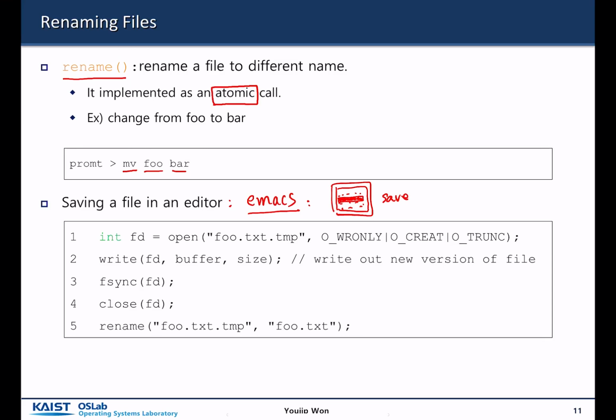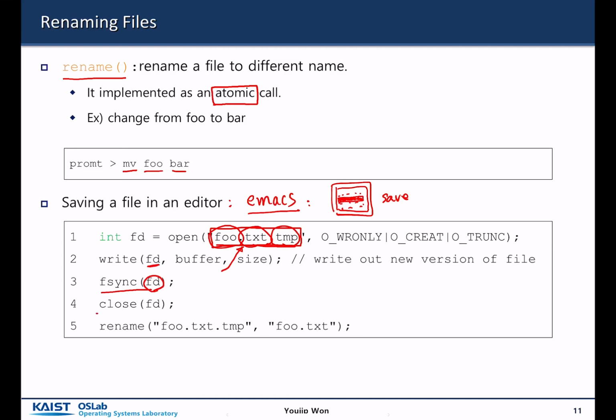It first opens a temporary file, and then it saves the current contents to this newly created file. Okay, so the new version of the file is created in a separate file. And then you safely store it to the disk by calling fsync.